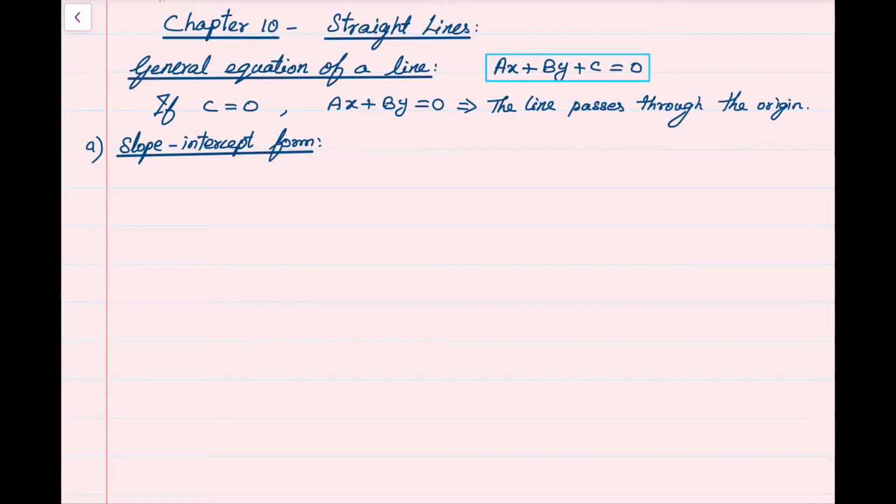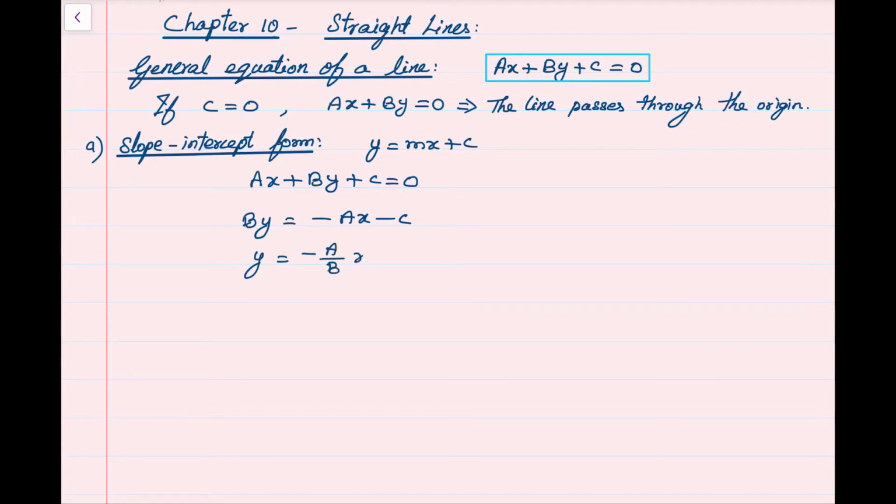In this case, the line passes through the origin. Let us now write the general equation of a line in slope-intercept form. The slope-intercept form is y is equal to mx plus c. The general equation is ax plus by plus c is equal to 0. Therefore, by is minus ax minus c, so y is equal to minus a divided by b x minus c divided by b.